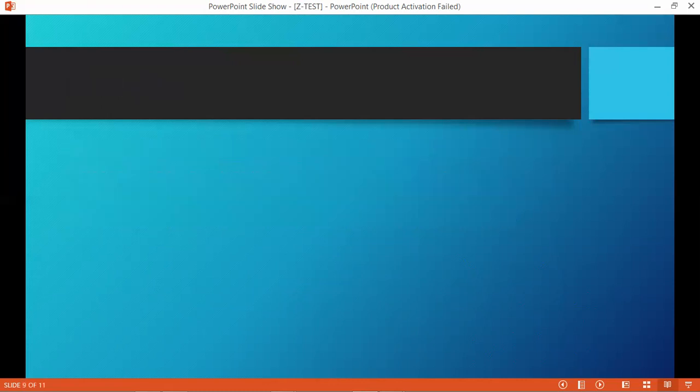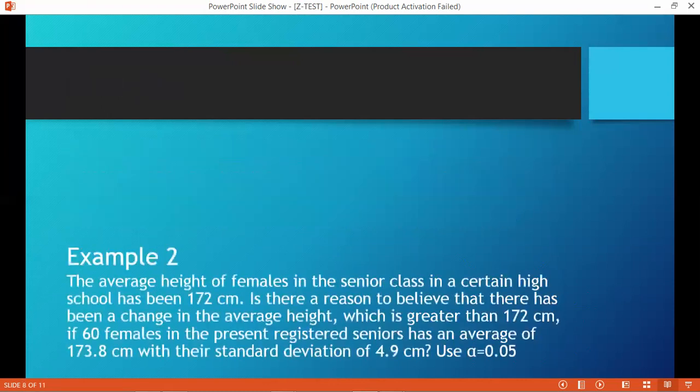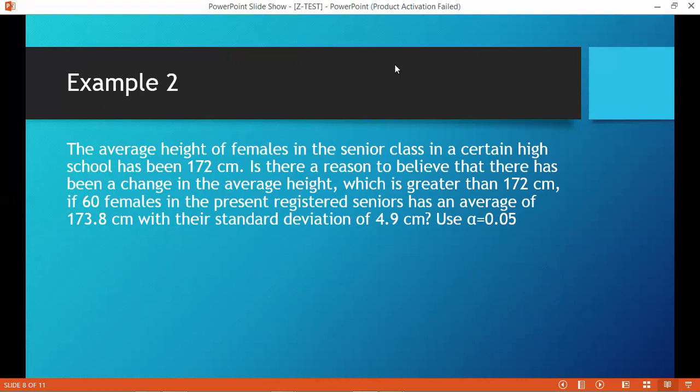Okay, identify muna natin ang mga given. Sige, given. The given are, we have mu, which is 172 centimeters.